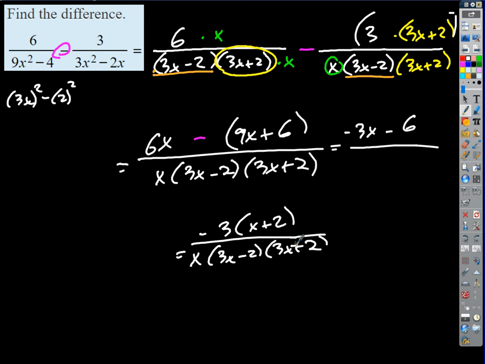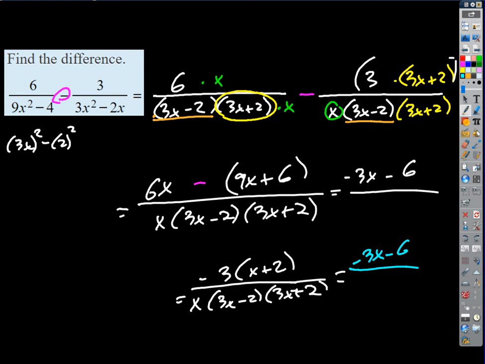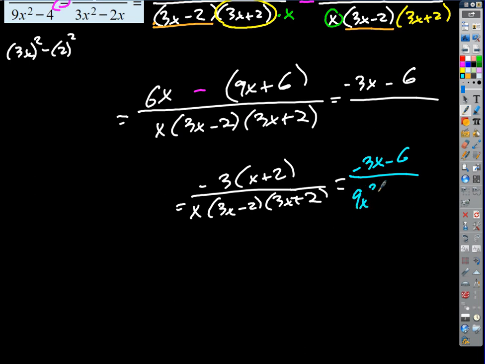There are no common factors, so now we could write it in its expanded form. Here's my negative 3x minus 6 on the top, and on the bottom, if I multiply x through by that, I'm just going to get 9x cubed minus 4x.